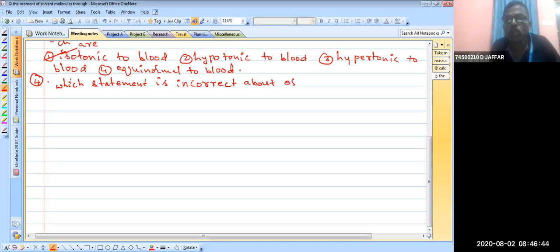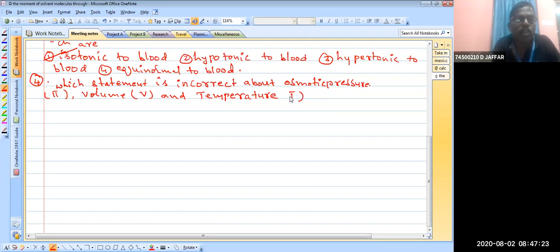Here, osmotic pressure pi, volume V, and temperature T. See, option 1: pi, osmotic pressure, is inversely proportional to V if T is constant.